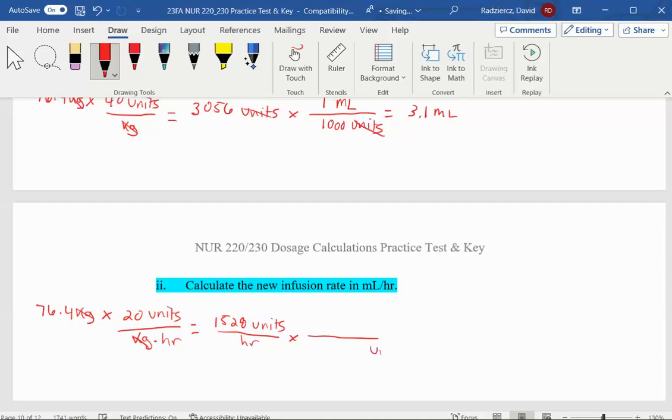And then I'm going to use my same IV because they're still hooked up to it. 250 mL, 25,000 units. And I'm going to get a new flow rate of 15.3 milliliters per hour. So again, you may end up actually programming that to 15 milliliters per hour in a real-life situation. But when it comes to the CCAC math bubble, just to the nearest tenth is what I understand to be the most correct answer.